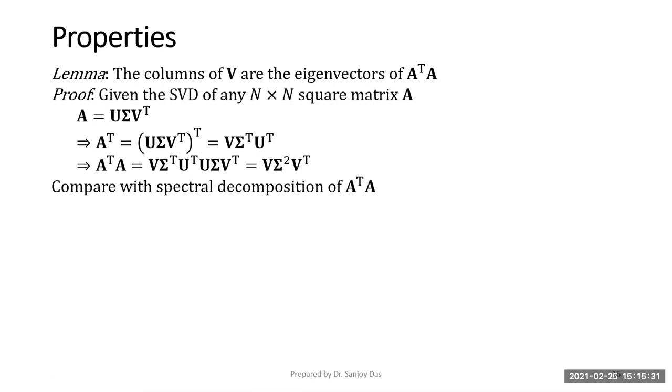Now compare with the spectral decomposition of A transpose A. A transpose A is an N by N square matrix, correct? And it's also symmetric. A transpose A is always symmetric. So compare that with the spectral decomposition. What would the spectral decomposition of A transpose A look like?